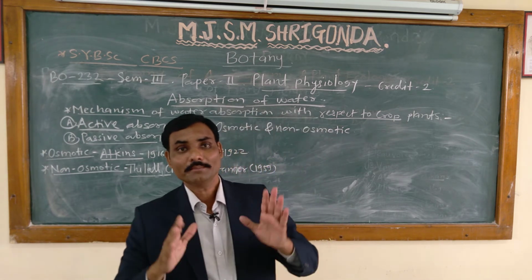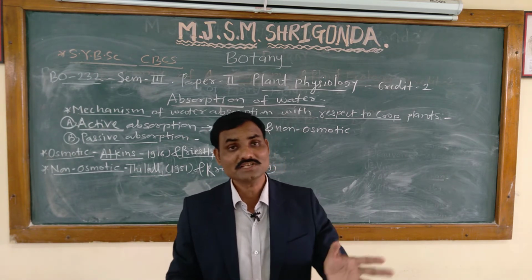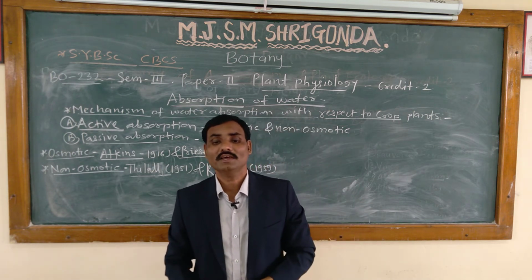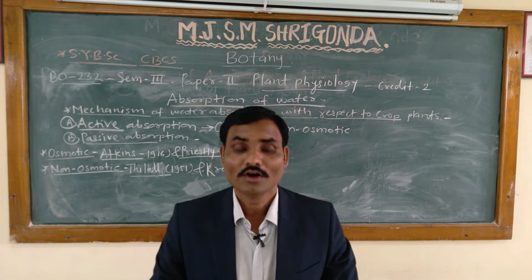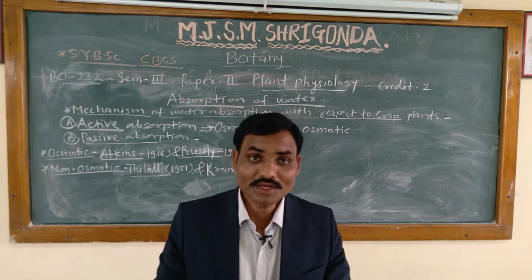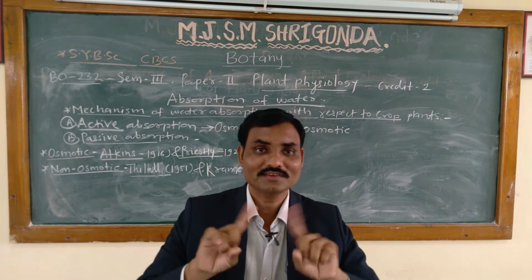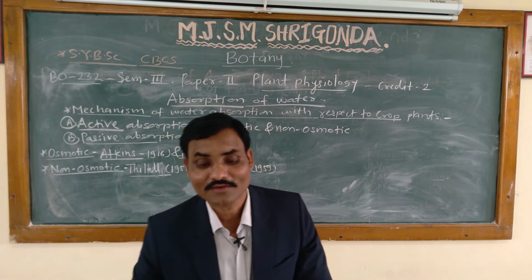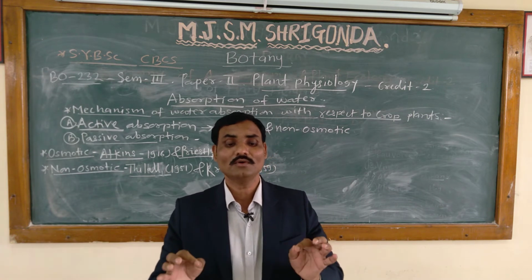According to these two, Atkins in 1960 and Priestley in 1922, the water is absorbed due to osmotic differences between soil water and cell sap. This is a very important statement given by Atkins and Priestley.